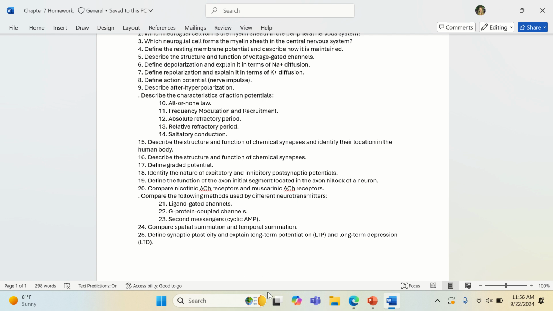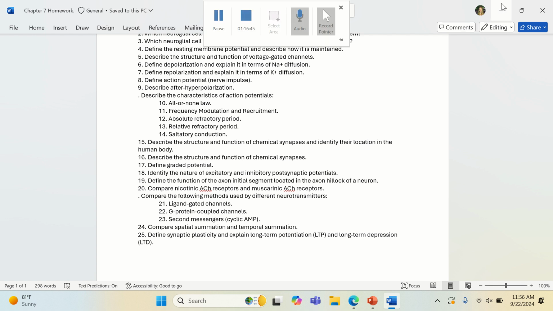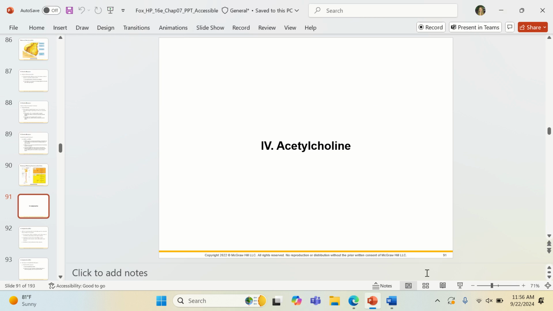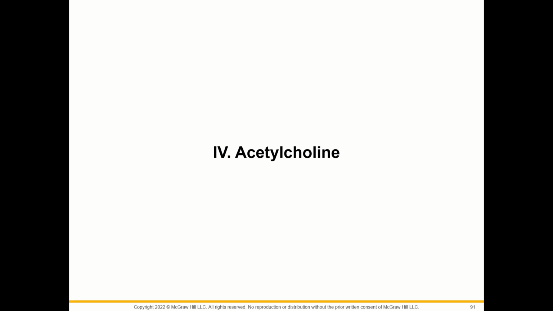So let's look at the acetylcholine receptors that are going to be nicotinic and muscarinic, and then let's look at those other things afterwards, the ligand-gated channels, G-proteins, and all that. All right, so I'm going to keep that up just in case we need to refer back to it. So I'm going to kind of hop, skip, and jump through these next sections if you didn't gather that already. And again, just really focus on the meat and taters.